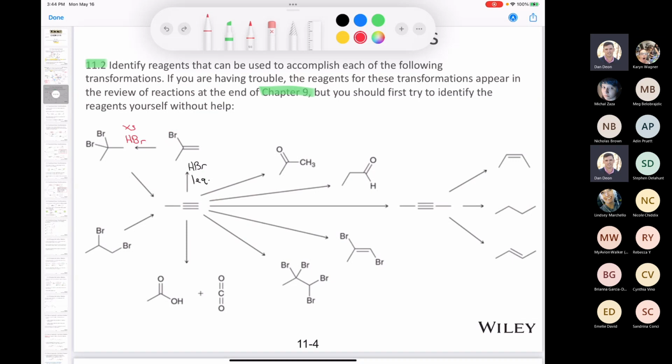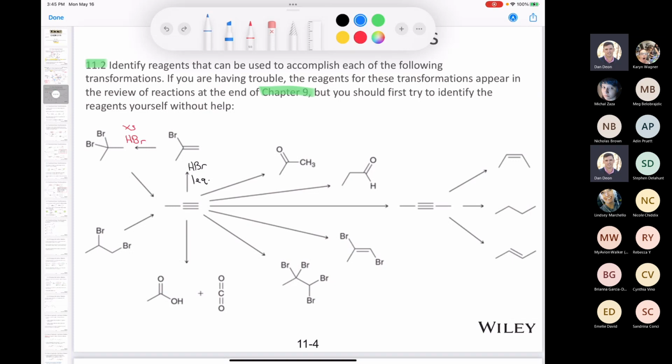Now, if we want to take either a geminal dihalide or a vicinal dihalide, and we want to convert either of those to a triple bond, to a terminal alkyne, the way that we do that is by using a two-step process. The first step is to treat the dihalide with excess sodium amide.